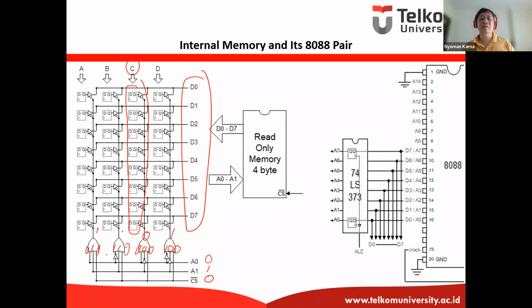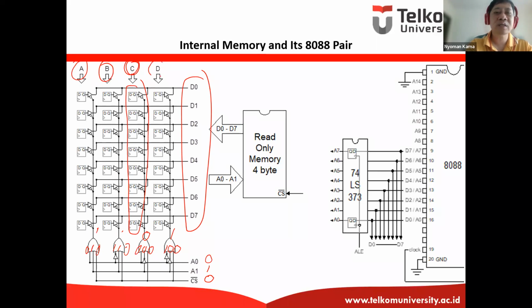So actually, the address bus will select which column we want to access. For example, 0, 0. Okay, 0, 0. That means you want to read column A. 1, 0. Okay, 1, 0. You mean you want to access column C. 0, 1. Okay, you want to access column C. 1, 1.